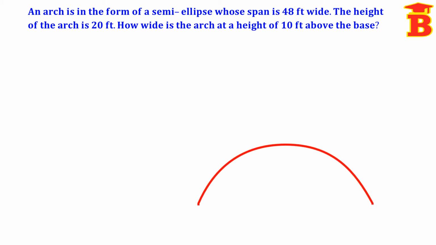So we have to draw a half ellipse shape like this and take x-axis and y-axis. And this is the center, and it is given that the span is 48 feet. So this horizontal distance is 48. Take half of that, 24.